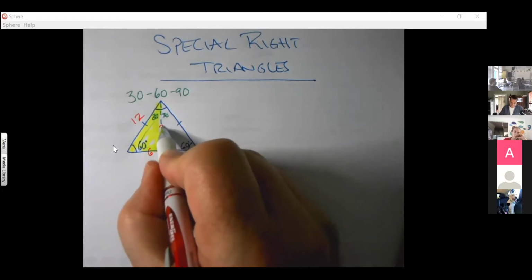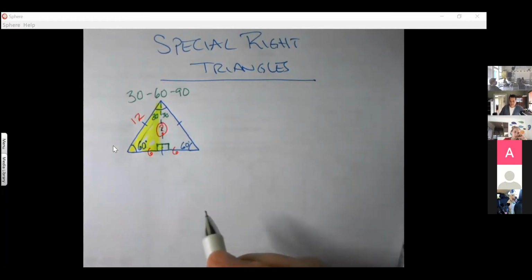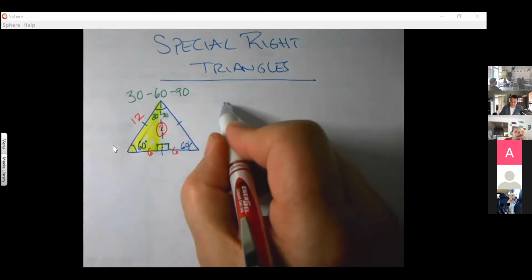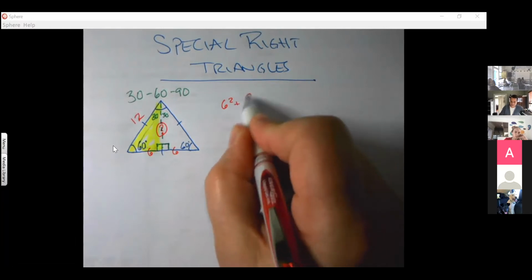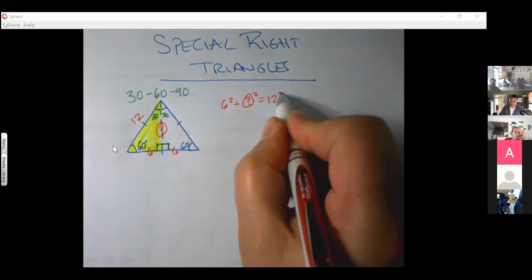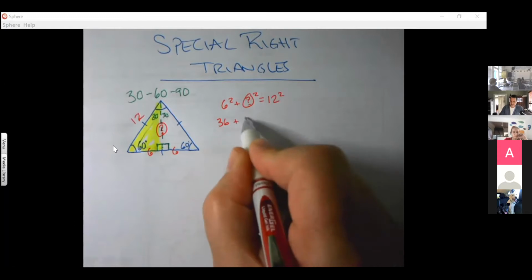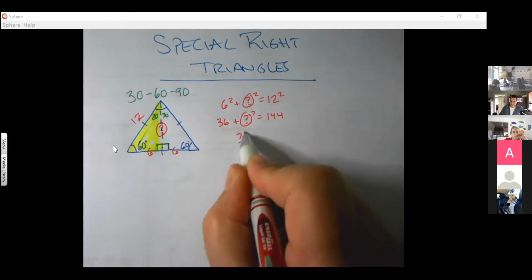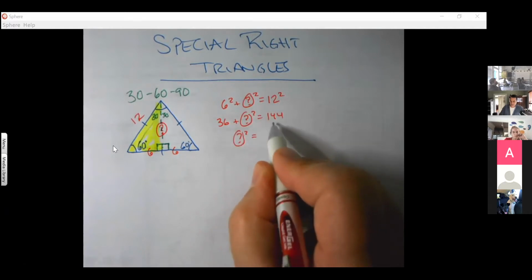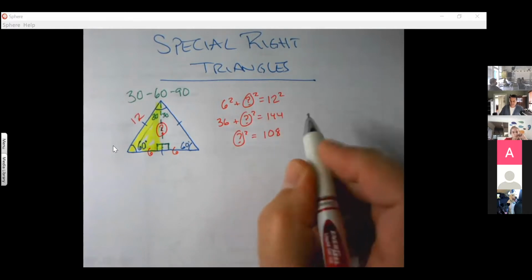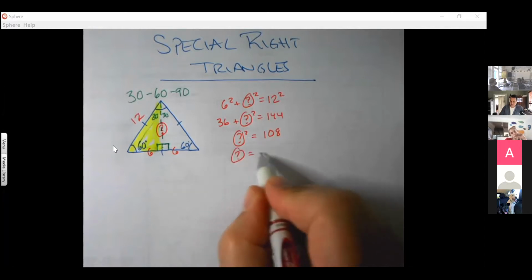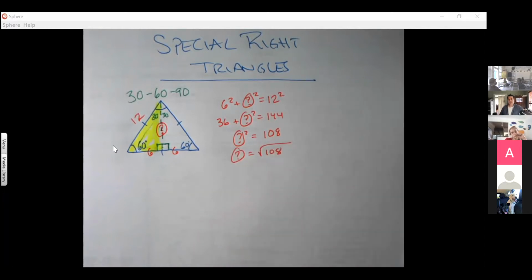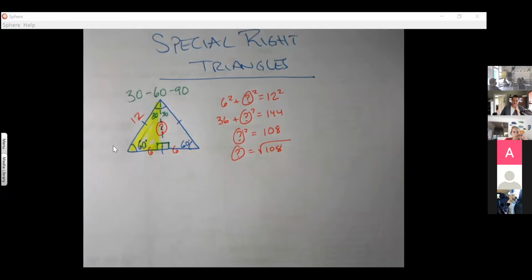Then I could even find this missing side up here by saying that 6 squared plus the question mark squared is equal to 12 squared. 36 plus question mark squared is equal to 144. Question mark squared is equal to 108. So question mark is equal to the square root of 108. Now, I could use a calculator and get a decimal equivalent, but that wouldn't show me much.